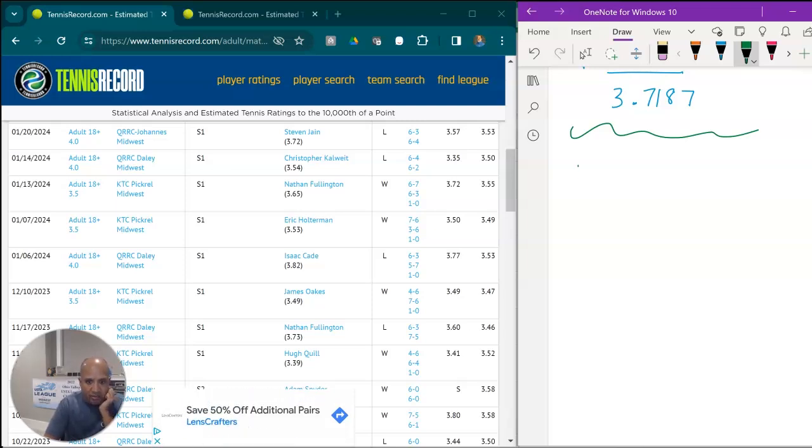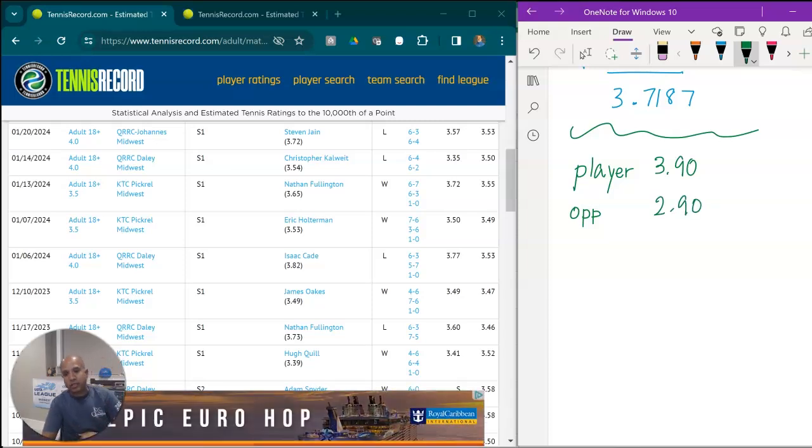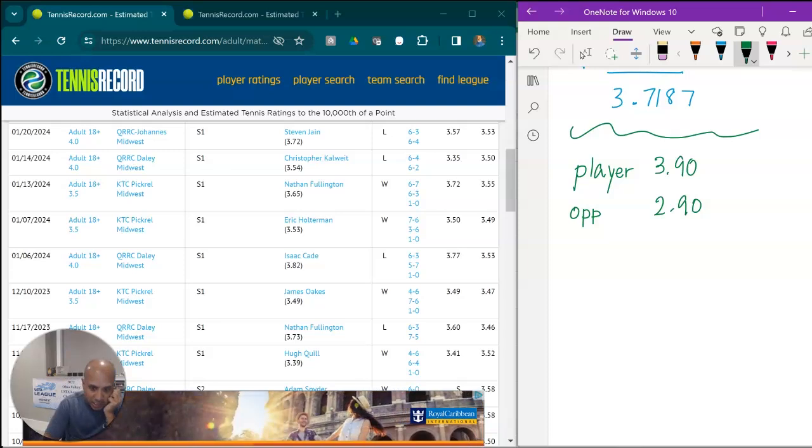Suppose we have a player who, going into the match, has a current dynamic rating of 3.90. And let's say the opponent going into the match has a rating of 2.90. So a whole point below the player. Now, what's the expectation here?